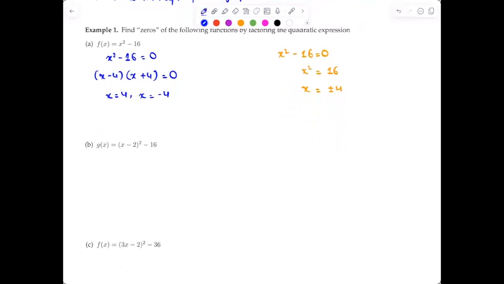All right. Moving on to the next example, you have the function of the form x minus 2, altogether squared, minus 16. You set this function equal to 0 to find the zeros. So x minus 2 squared minus 16 equal to 0.